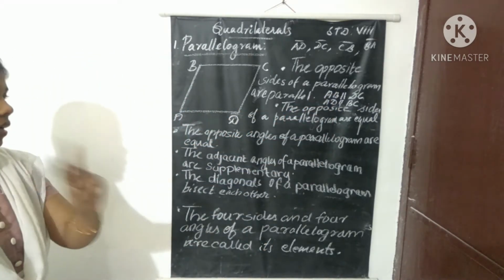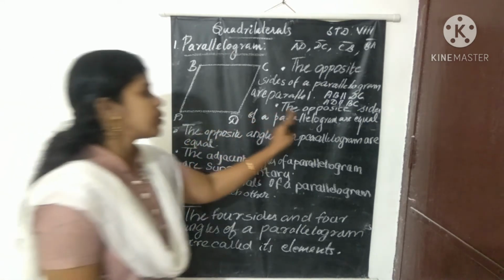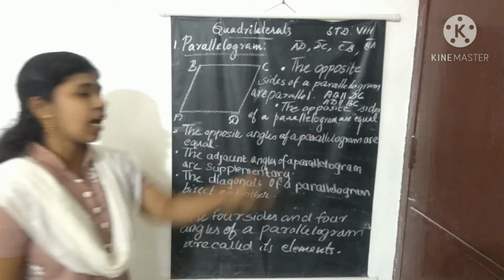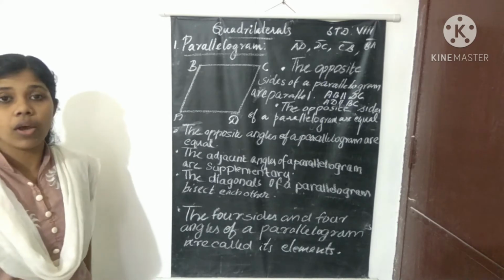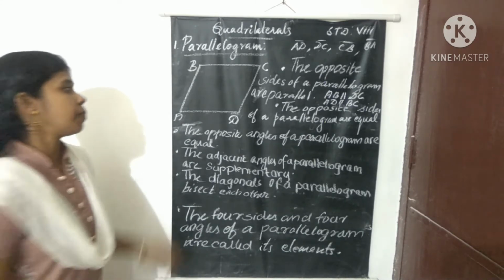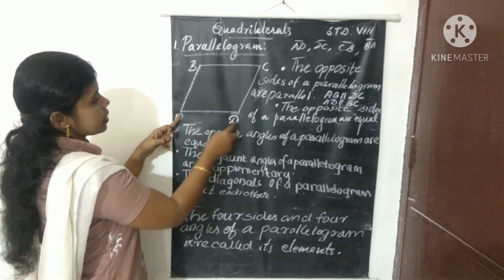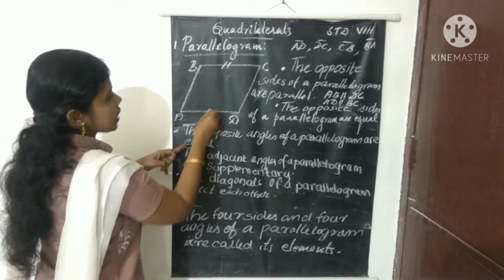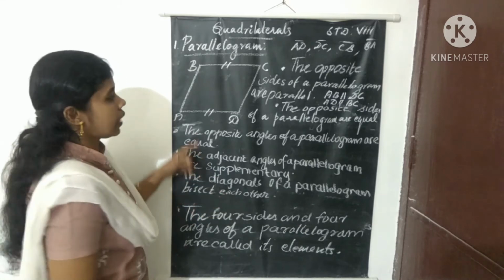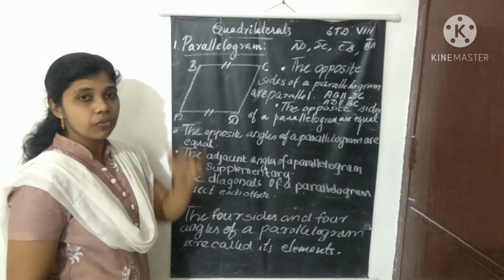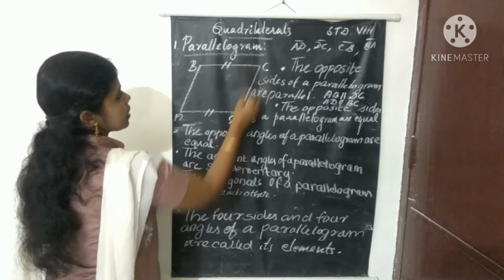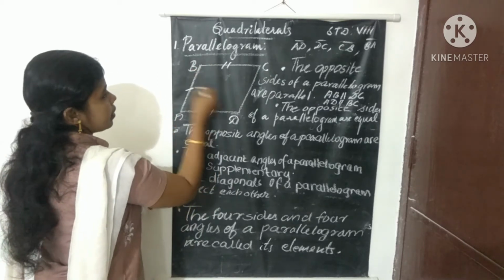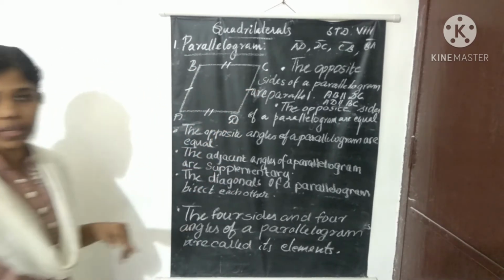Then our second property: opposite sides of a parallelogram are equal. What is the opposite side of AD? BC. That means these two sides are equal. Then another pair of opposite sides, DC and AB, these two sides are also equal.